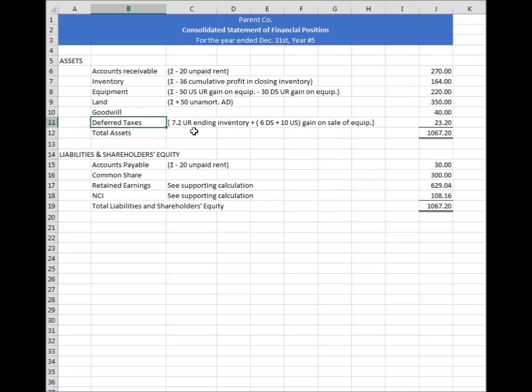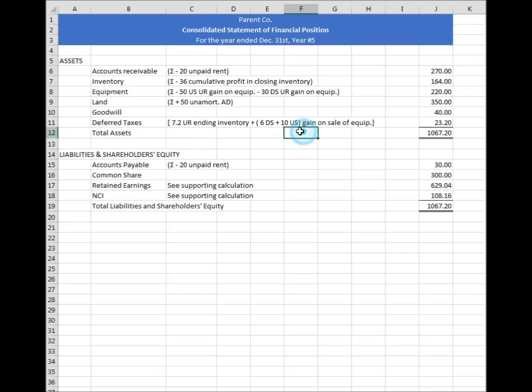The reason why I like to add together my ending inventory, which is in either the unrealized or the opening balance, is just so I could quickly plug in like this, and I don't really even have to think about it. So right over here from our supporting calculations section, we have 7.2 of deferred taxes, making sure that this is unrealized, and so we haven't paid taxes on it, and that's why we have a deferred tax asset.